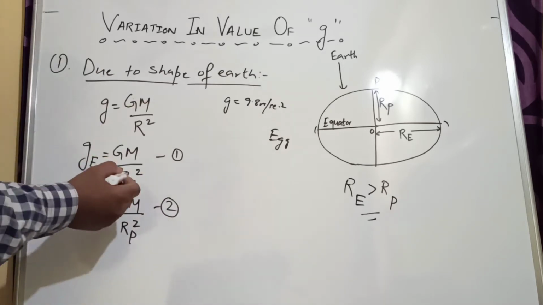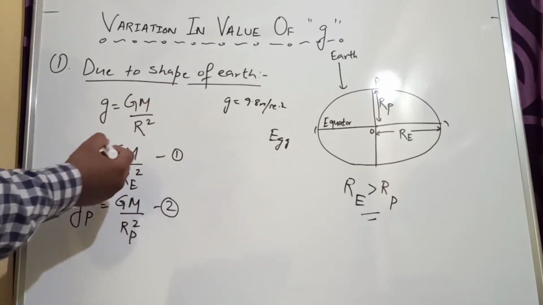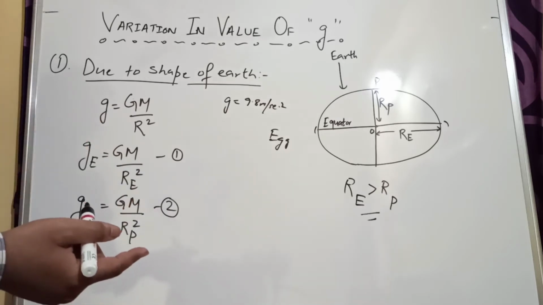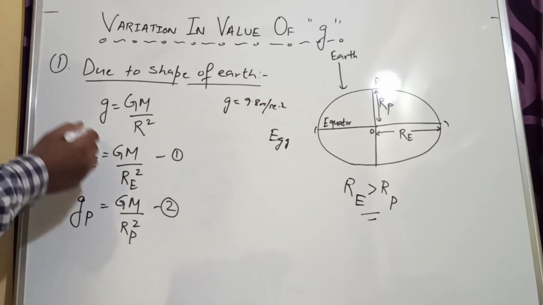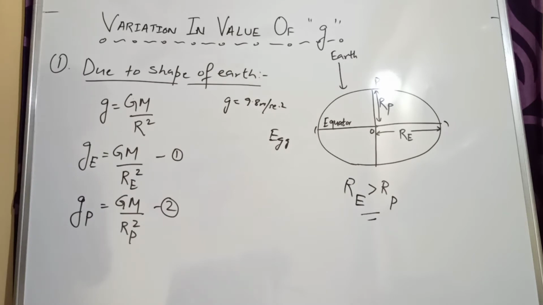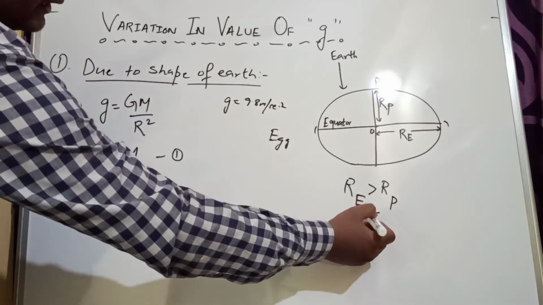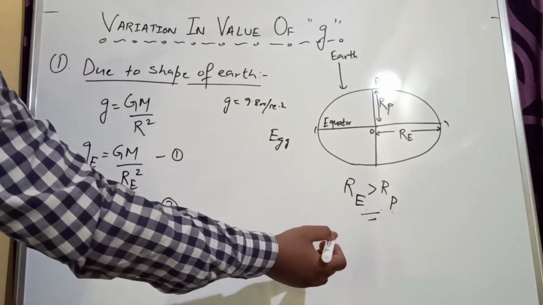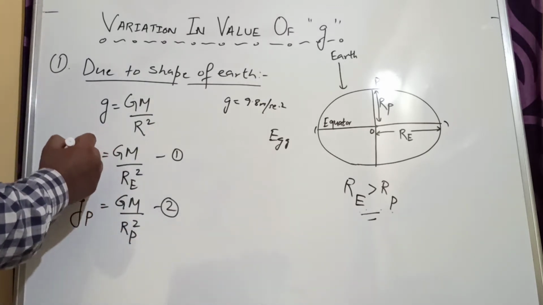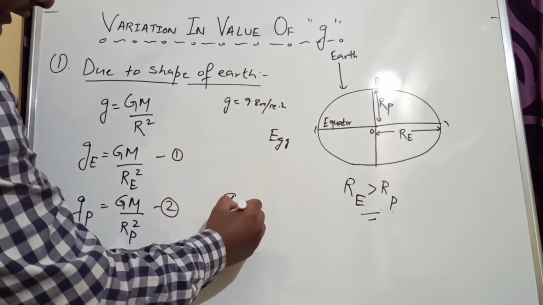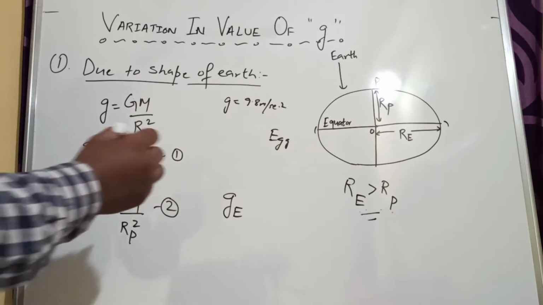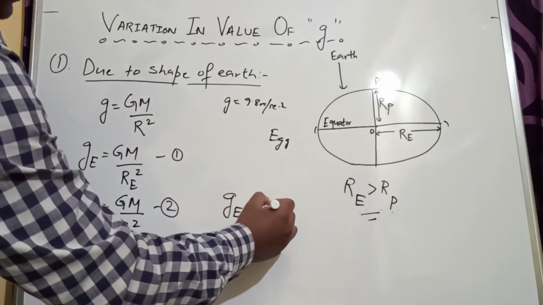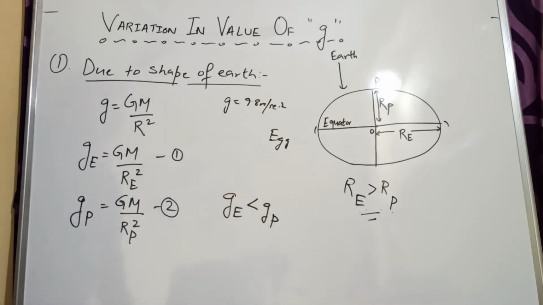By general maths, if the value in the denominator is increasing, the overall value will decrease. So we have already written that Re is greater than Rp. It means the value of ge will be less than the value of gp.